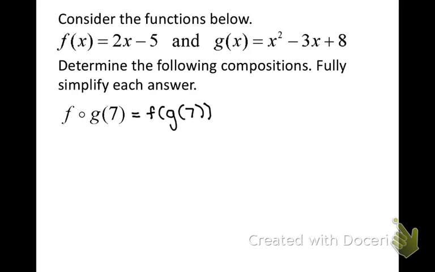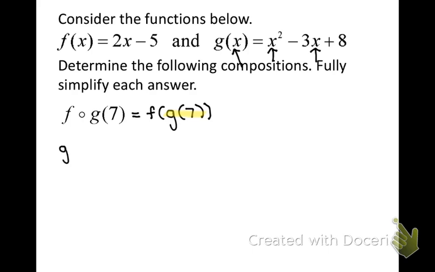Now, in this case where we have f of g of 7, because we're working from the inside out, that very first thing we have to do is figure out what g of 7 is. So if we want to figure out what g of 7 is, we are going to plug 7 into g of x. So everywhere we see that x, we are putting a 7.